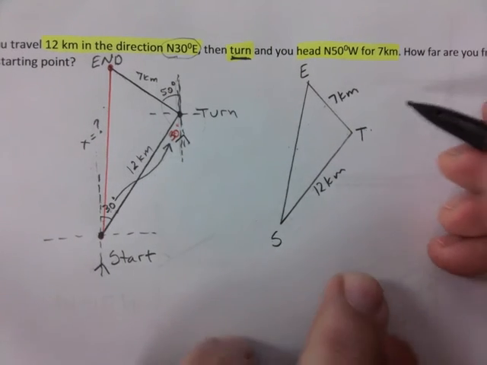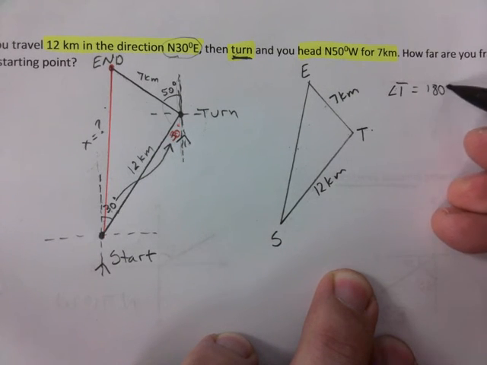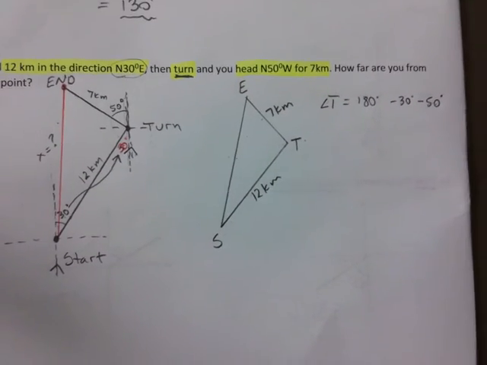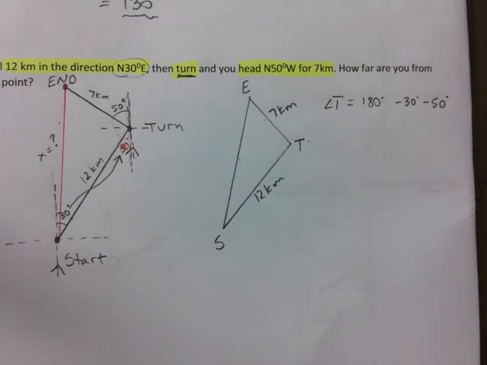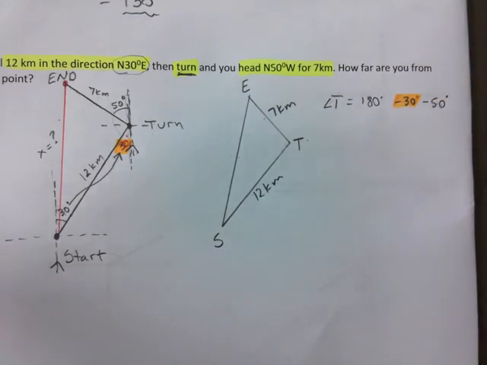Okay. So angle T is 180 minus 30 minus 50. And if you have a different highlighter, I will do this. I love highlighters, as you can tell. The 30 is there.